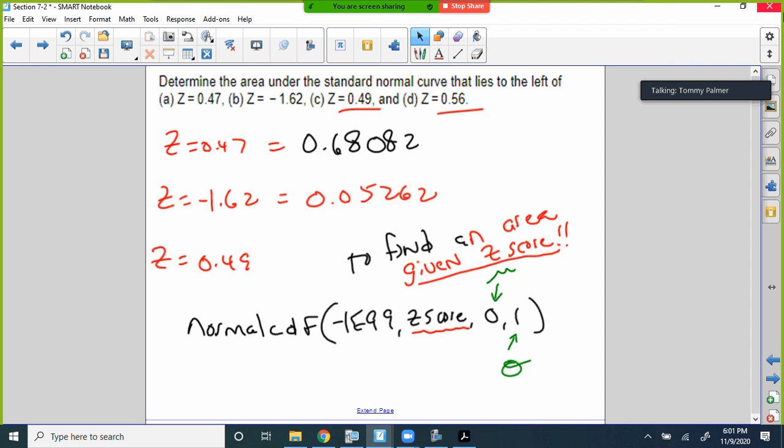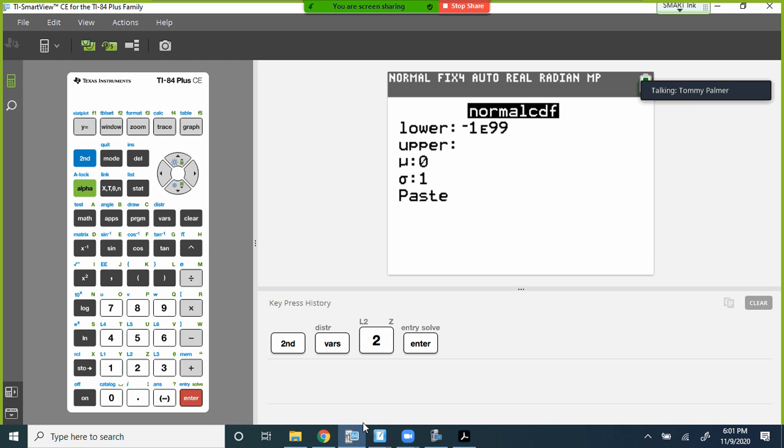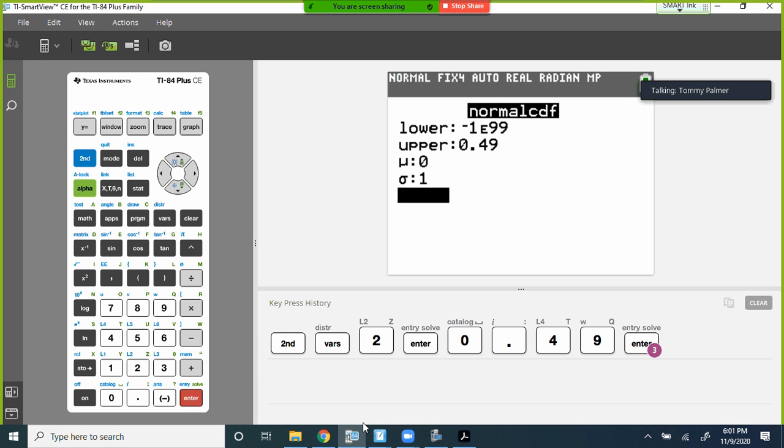Okay, so let's go back over here into our calculator. All right, so the z-score that we're going to use is 0.49, right? Okay, now the mean we said was 0, and the standard deviation is going to be what? 1, because we can do that finding using z-scores, right? And then you're going to come down and hit paste.